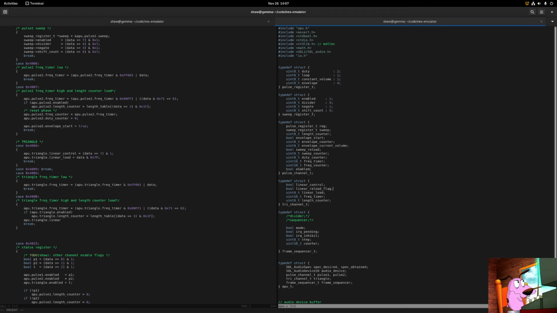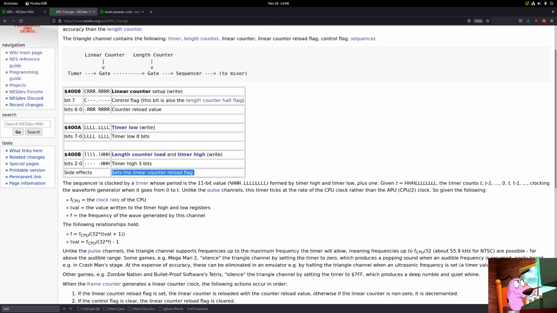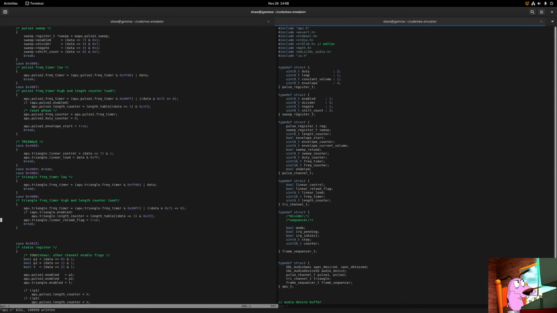Linear reload flag. Could do that. So we have the reload flag, the value to load it with. Sure, so when you write to here, you can set the reload flag. And then we set the load there. That's right.